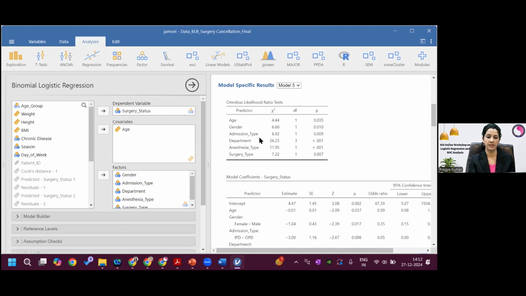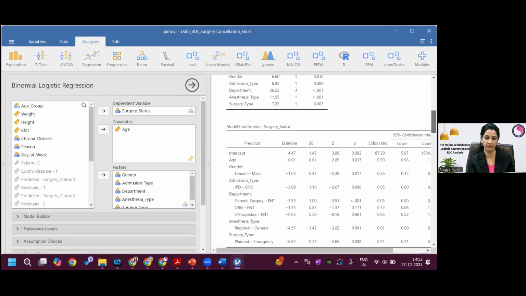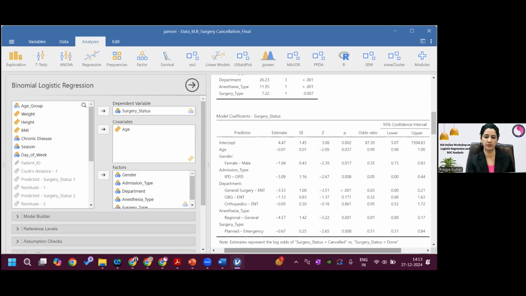And then we discussed these two different tables. This is the likelihood ratio test, which is the chi-square test, and it shows the significance of the predictor variable. And this is the p-value of the Wald test. This Z is also known as the Wald statistic, and this p-value is derived from it.